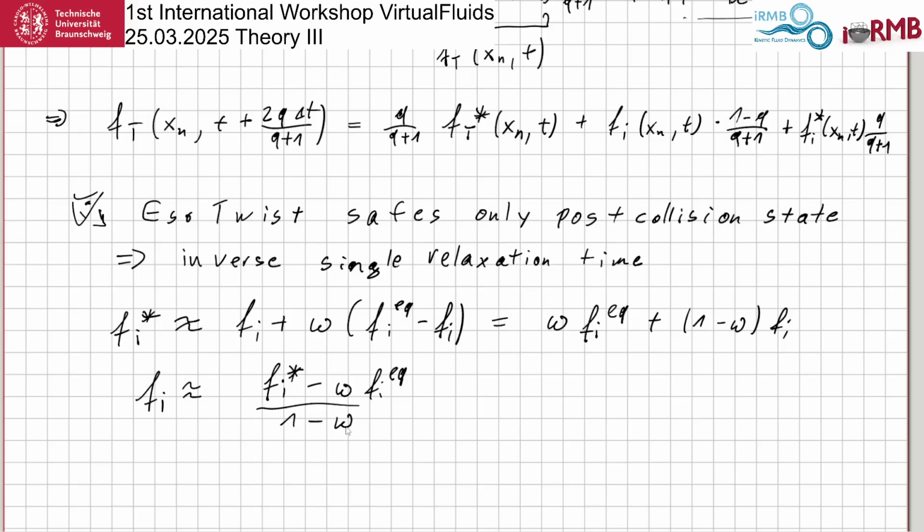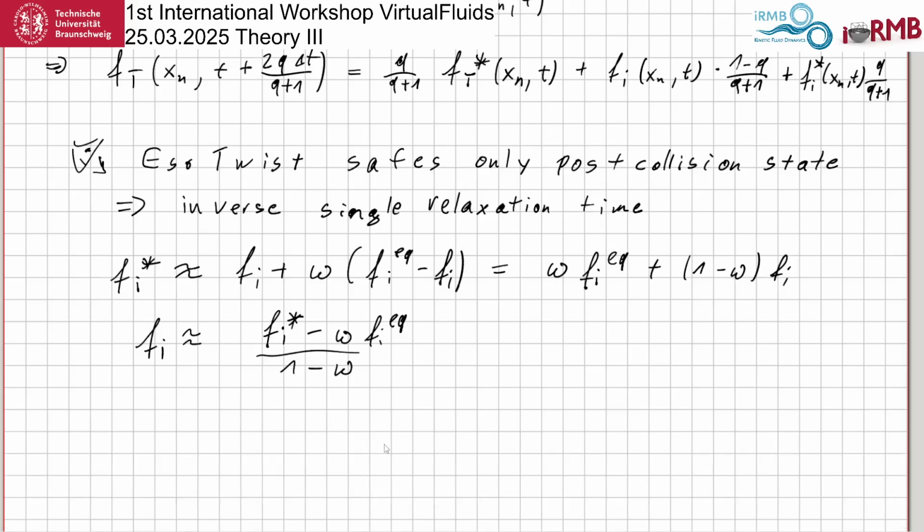So the boundary condition that we apply now, I should probably say something about this 2q plus delta t by q plus 1. Previously, we already said that we do not accurately put the boundary condition at the right time scale.